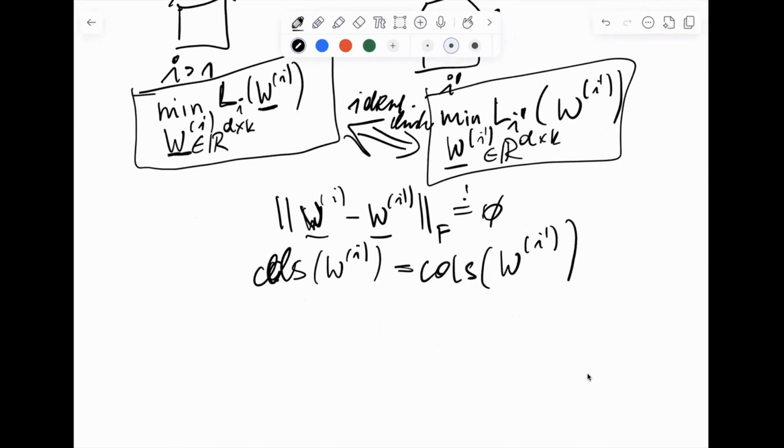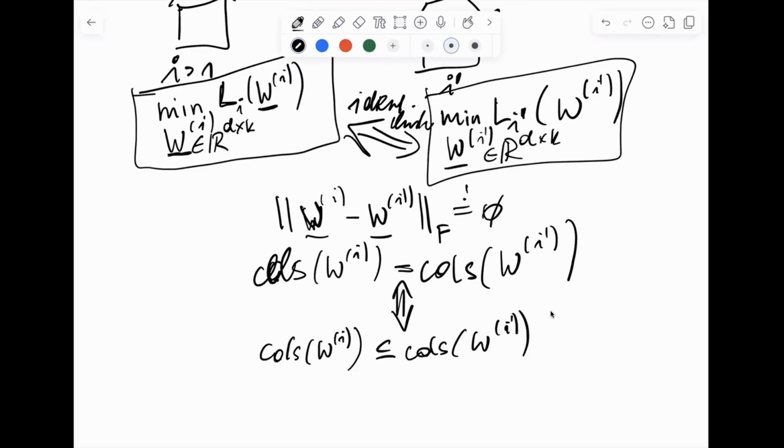So how do you make sure that two sets are identical? I guess we have at least one mathematician that I know of in the audience. So how do you make sure that two sets are equal? Well, at least one way is you first show that one set is a subset of the other, and then the other way around.